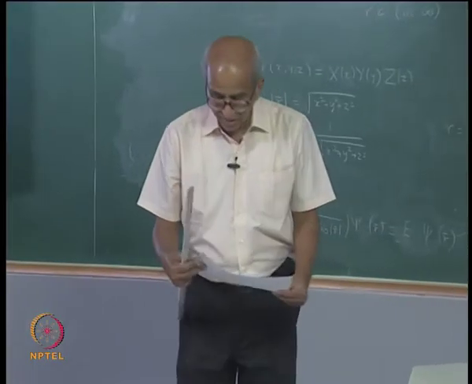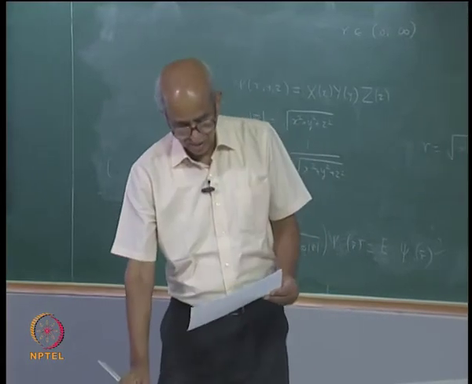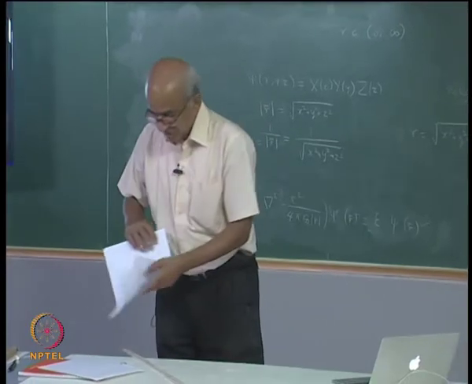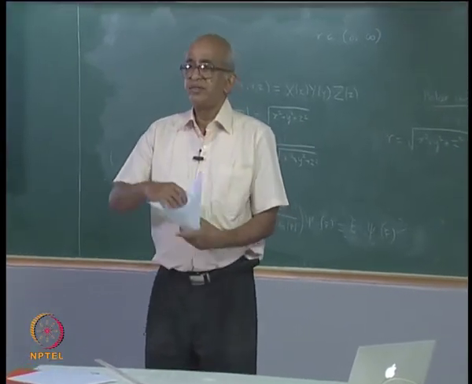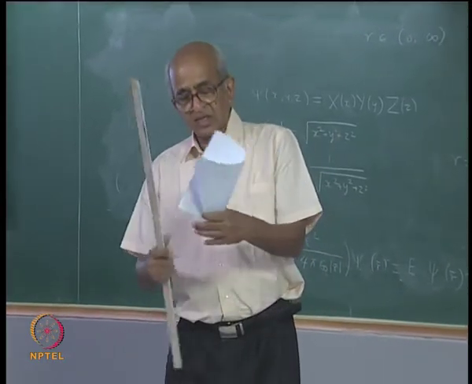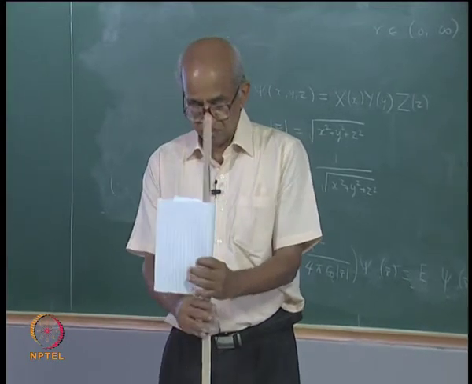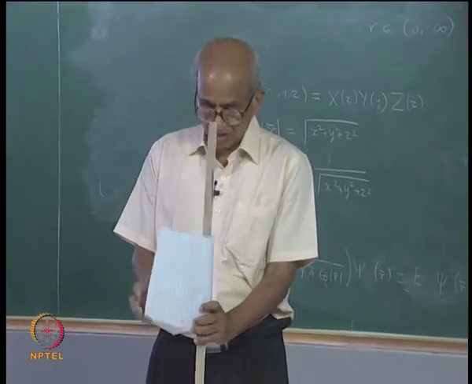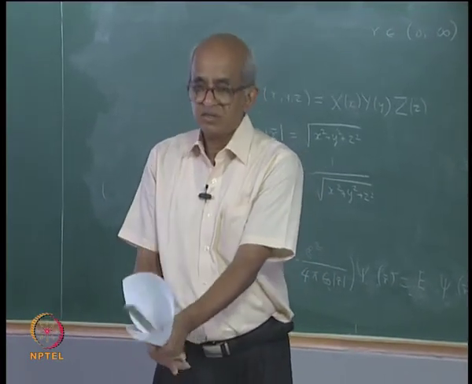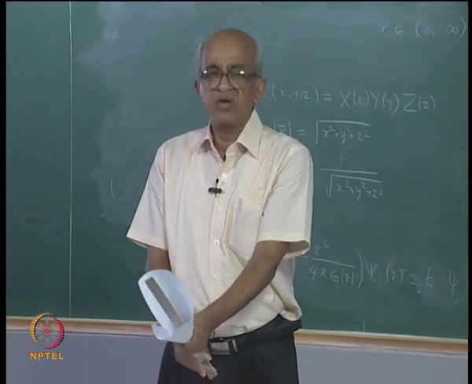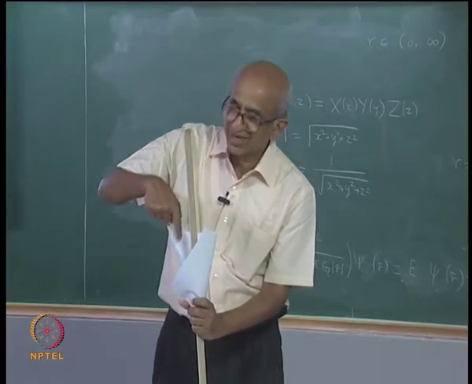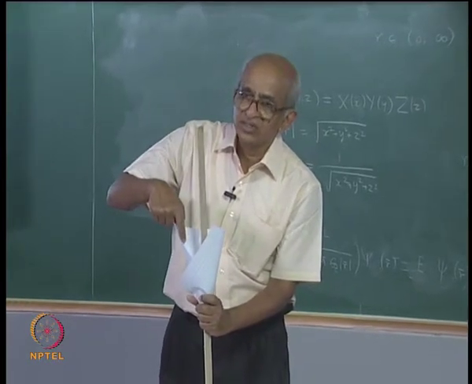Imagine that this is your z axis, and you think of a cone like this one, such that it is around the z axis. You think of a cone having such a shape, such that the internal angle is how much? 30 degrees.